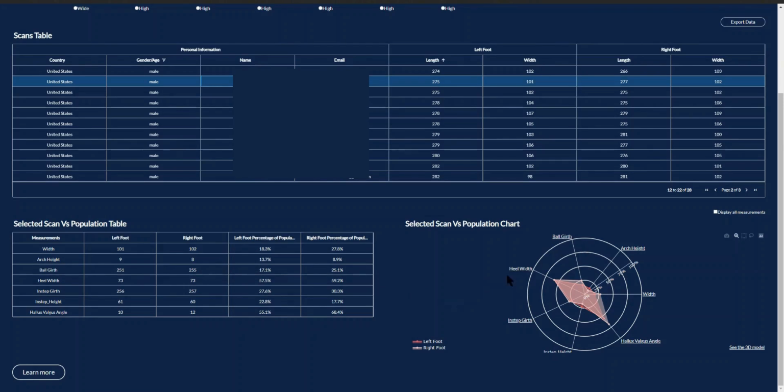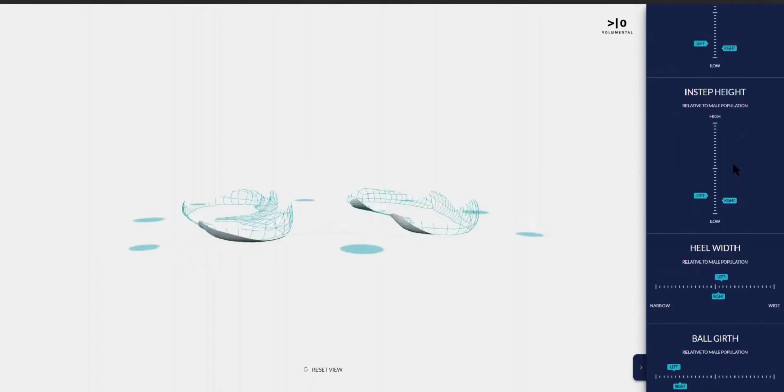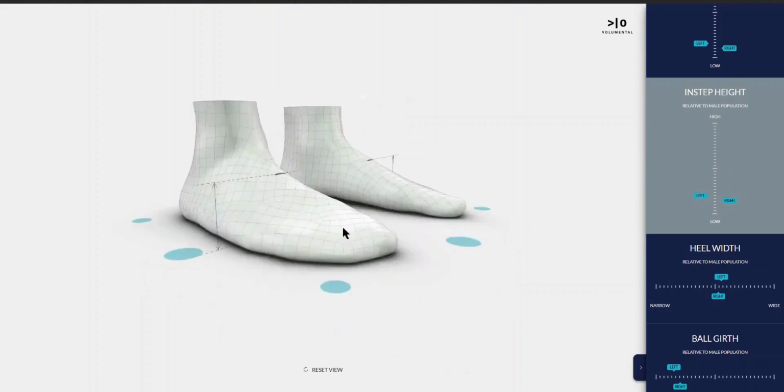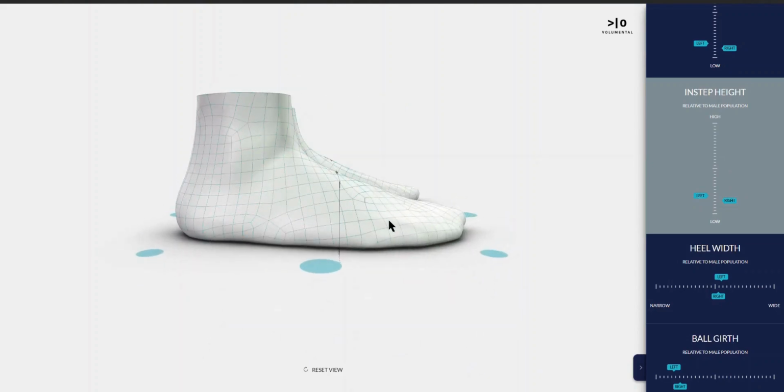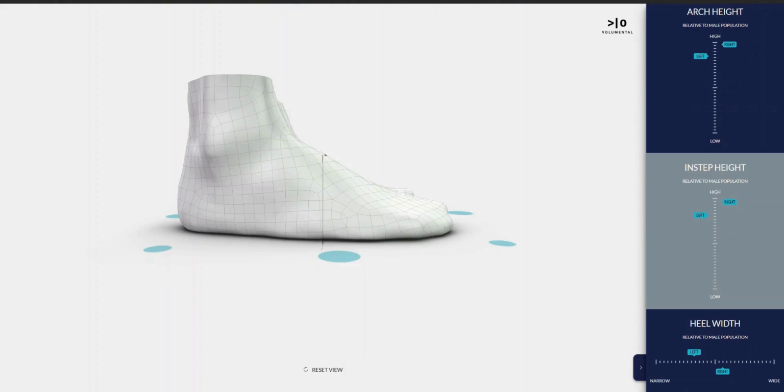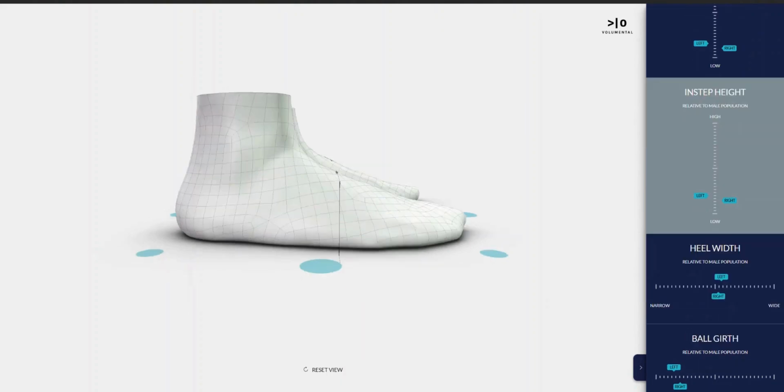And we can see that his feet are quite the opposite, with really low arch and low instep. So the instep of the right foot is at the 17th percentile. And if we look at his feet, we're going to see that the instep really is much lower than Mark's feet.